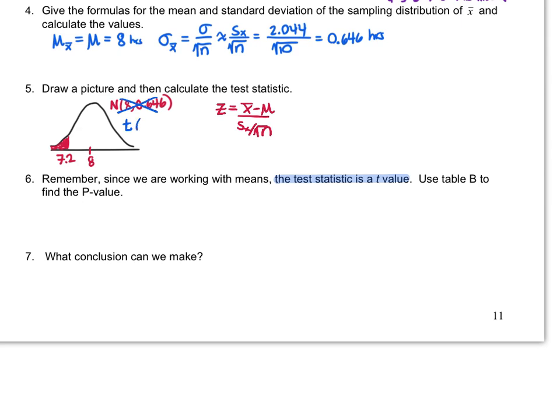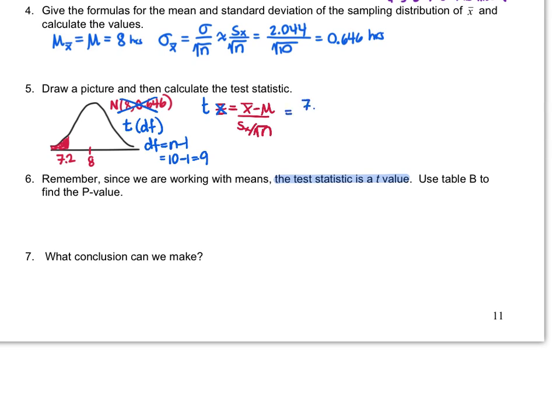And if you remember, the t-curve is based on a number of degrees of freedom. Since degrees of freedom is equal to n minus 1, and in our case we have a sample size of 10, our degrees of freedom is going to be equal to 9. And our test statistic name is not going to be z, it's going to be t. So let's plug in.